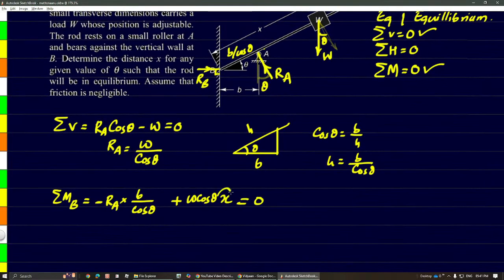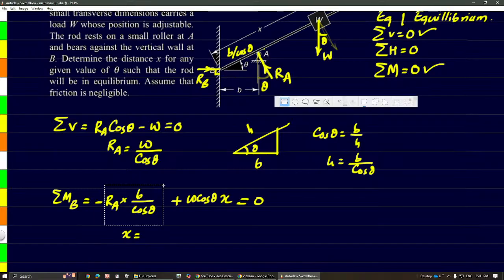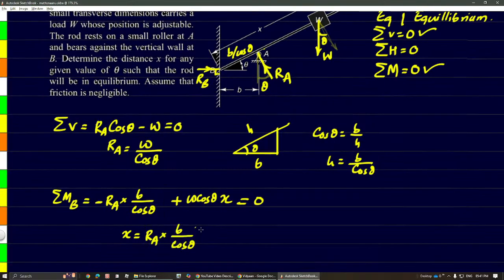So now we are interested in finding the value x. So x will be equal to this whole term. If you shift to the other side, it becomes positive. And then this whole term, W cos theta will come in the denominator.